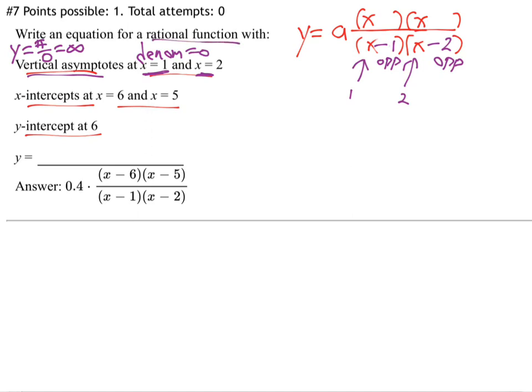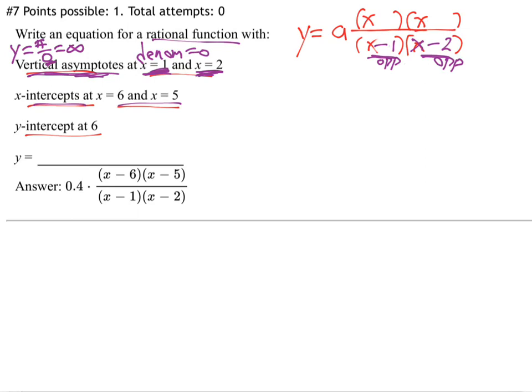Rational just means ratio, fraction. Because when you make the bottom 0, the fraction goes to infinity. Okay, so we have those, and it's always opposite. Whenever a number's next to x in parentheses, it's always opposite. Okay, now what about the numerators?